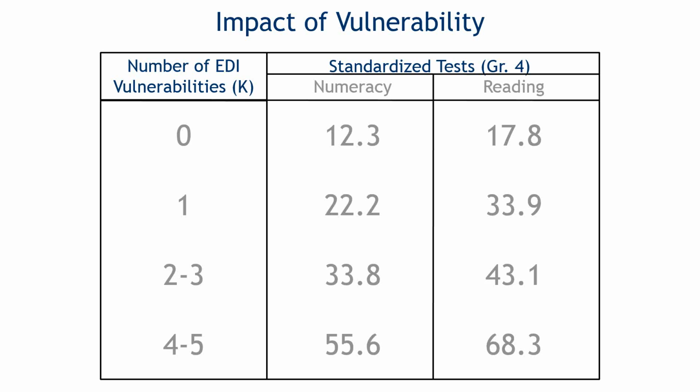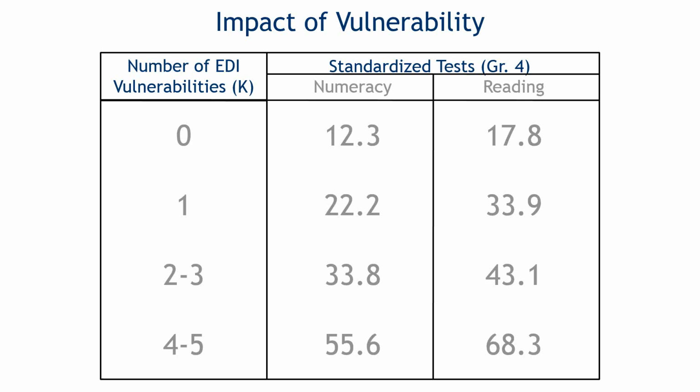They can come into kindergarten with no vulnerabilities and up to 4 or 5 vulnerabilities, which would mean that they were vulnerable on all 5 of those scales that I showed you earlier. And as you can see, the relationship between the number of vulnerabilities and how children are doing goes up directly with the number of vulnerabilities.